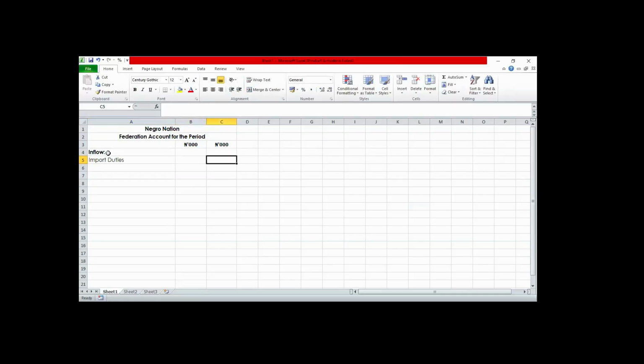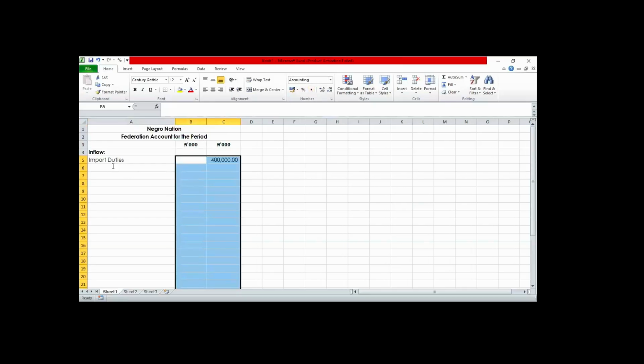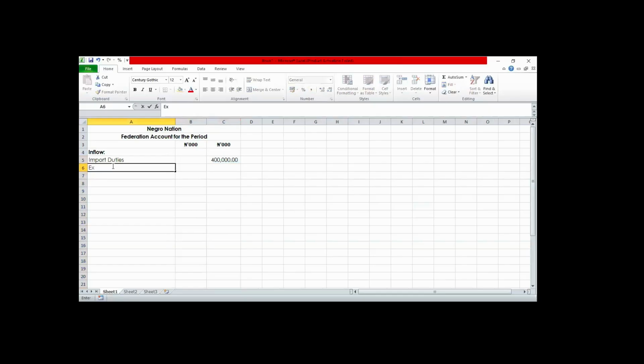Aside from that, what do we also have again? Export duty. What is the export duty figure? 300 million. Then the next one.